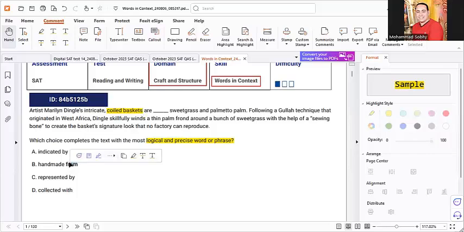Perfect. So the answer is B, handmade, because it's made of sweet grass and palmetto palm. So it's handmade baskets.